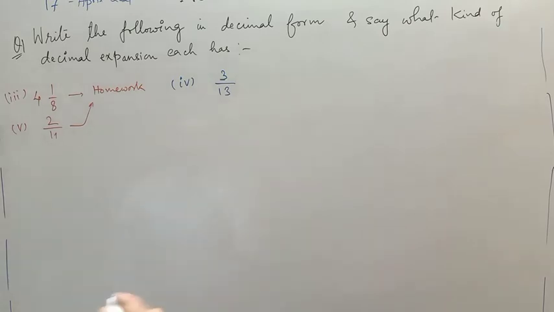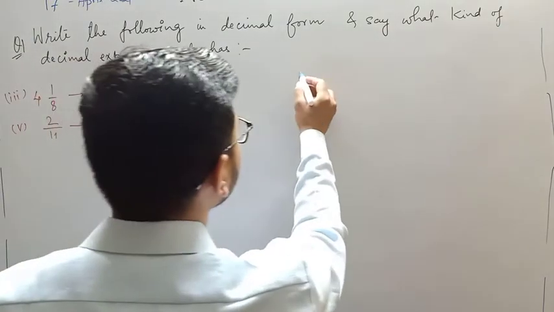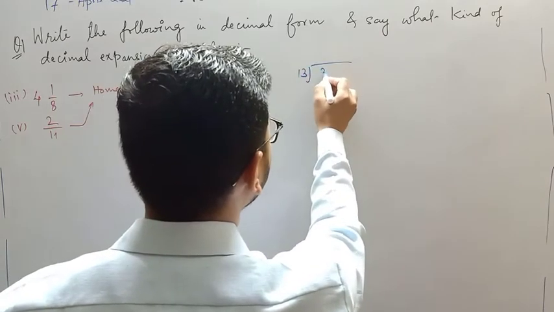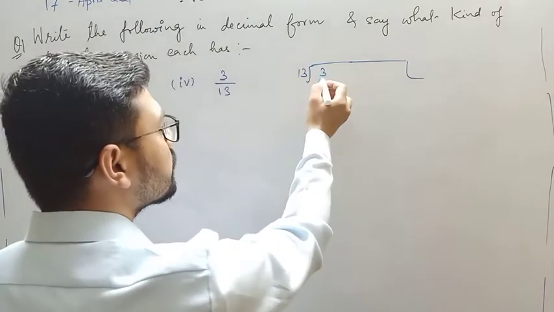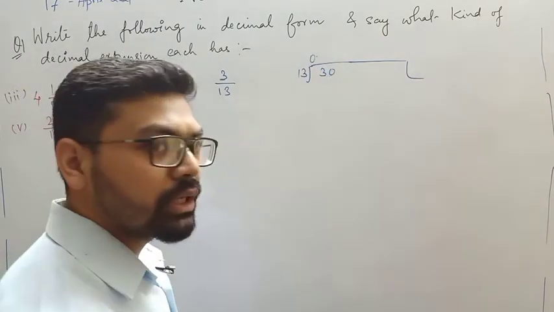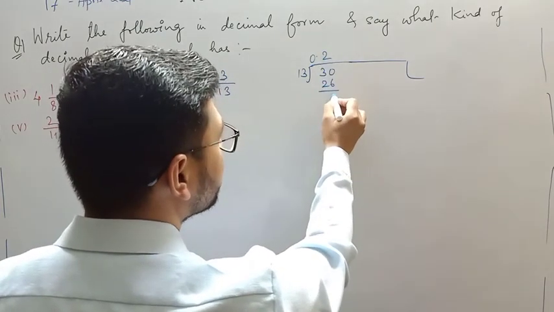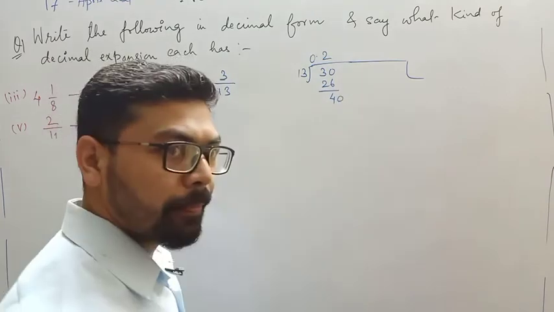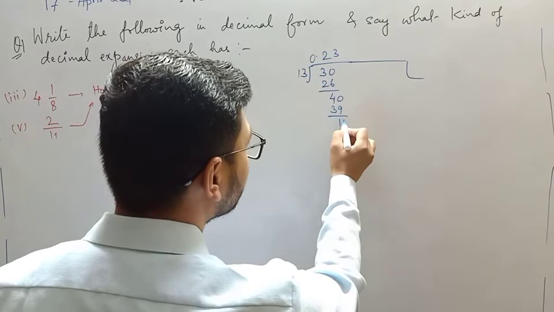Now I'll explain what the decimal expansion of 3 upon 13 is. So I just divide 3 by 13. 3 is less than 13, so I put a decimal here and 0. Now 13 2s are 26, the remainder is 4, 0. So 13 3s are 39, 10.